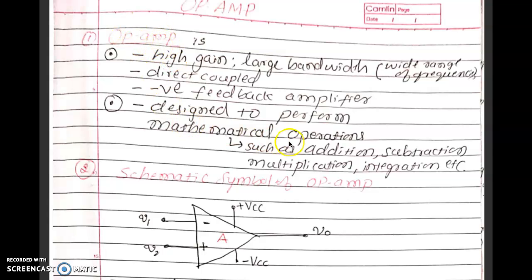To perform such operations, it is being designed, and basically op-amp is an electronic device having high gain, large bandwidth, direct coupled negative feedback amplifier. So this should be your definition when you are asked what is op-amp.